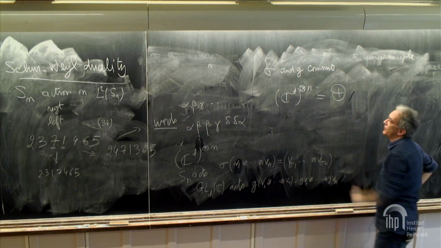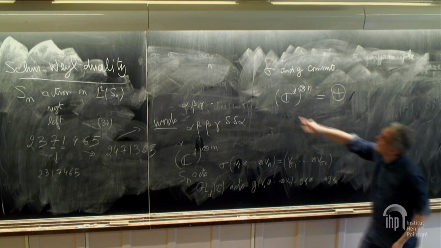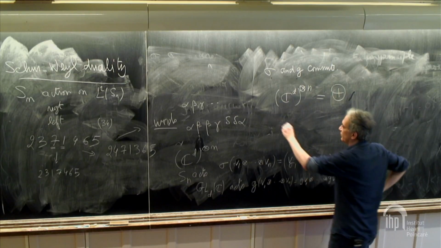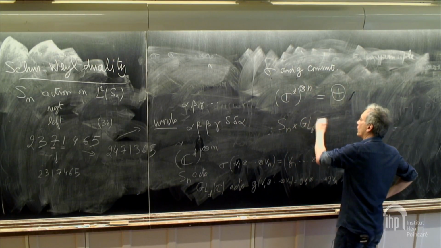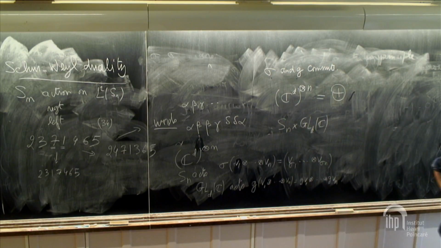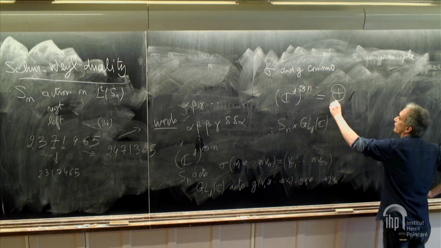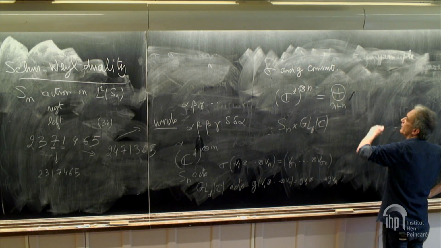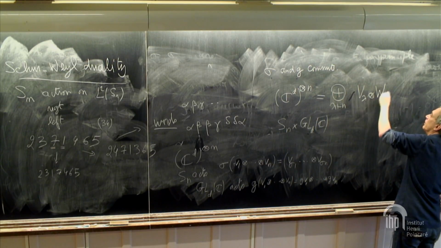I can decompose this action, this space, into irreducible components. So here I have two groups which act, and they commute. So the product group acts, and now I can decompose according to the action of this product group, Sn times GLd of C, and I will have a sum over lambda, partition of n, of V lambda tensor W lambda.